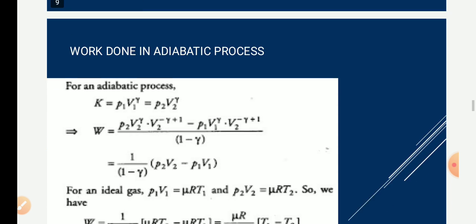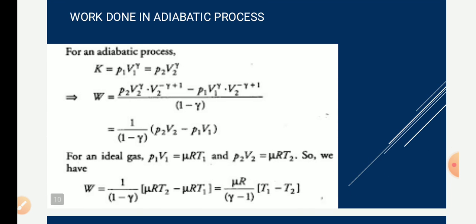Next, work done in an adiabatic process. In an adiabatic process, PV to the power of gamma equals K. We consider K equals PV to the power of gamma, and P1V1 or P2V2, anything we can consider, depending upon the states. So W equals integral of PdV, we all know that.